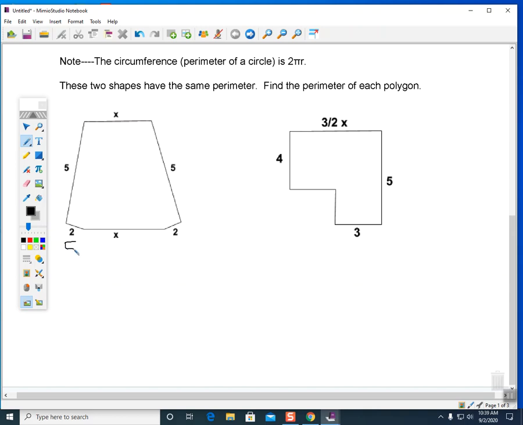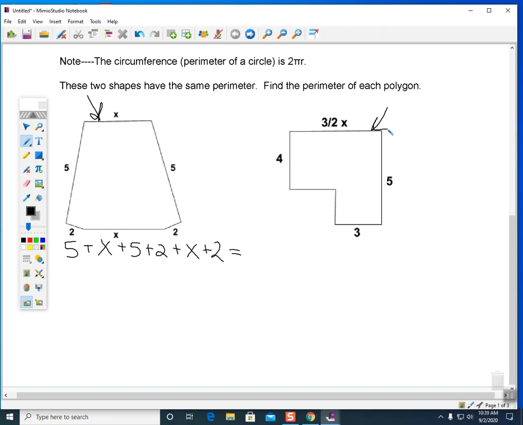So I've got 5 plus x plus 5 plus 2 plus x plus another 2. And I know that it tells me that the perimeters are the same, so the perimeter of this one is going to equal the perimeter of this one, and so I'm going to set them equal to each other.